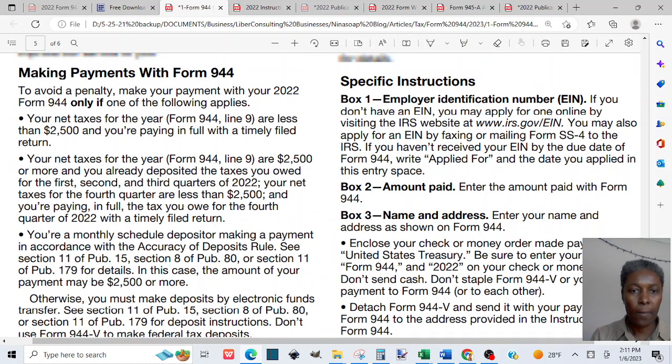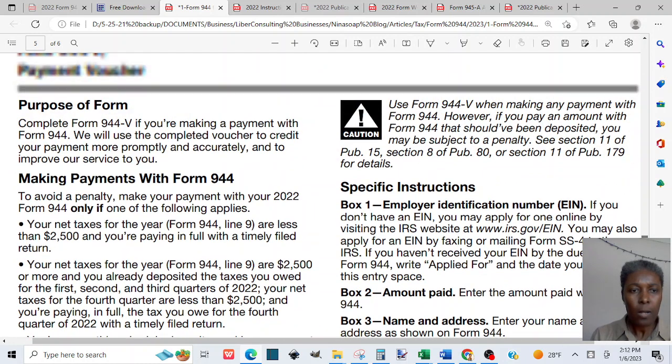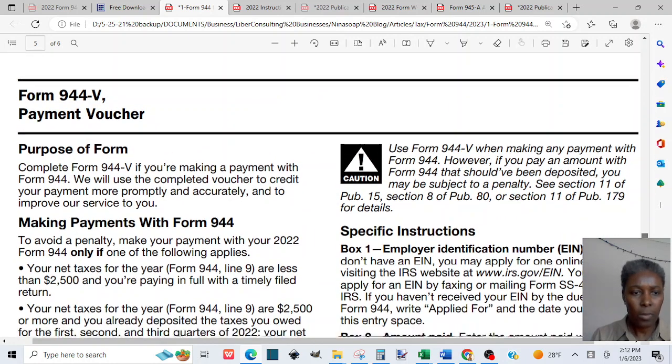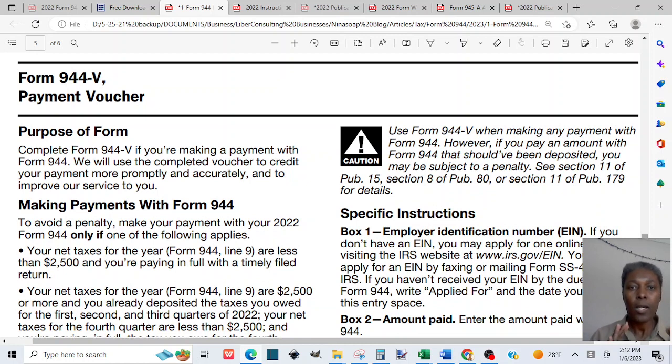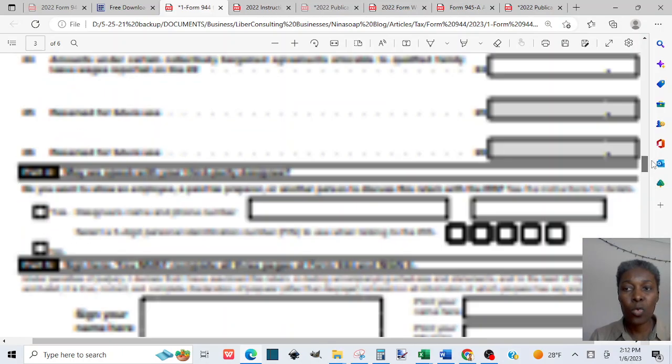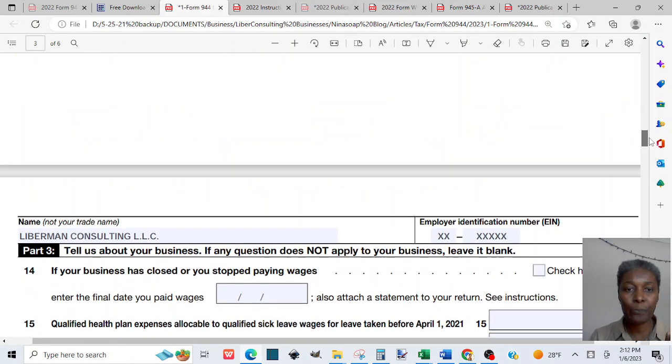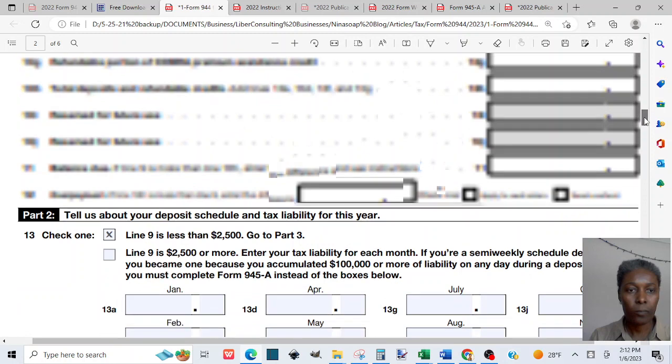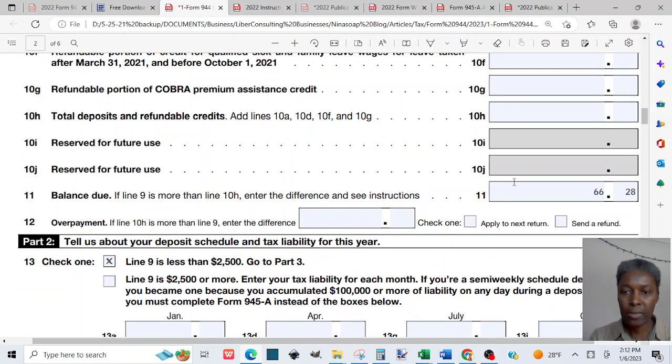Okay, so they will have some information here for us. So if your line 9 total tax liability, no, your line 11, let's go back up a little bit. Your line 11 total balance due, let's see, you see, balance due.